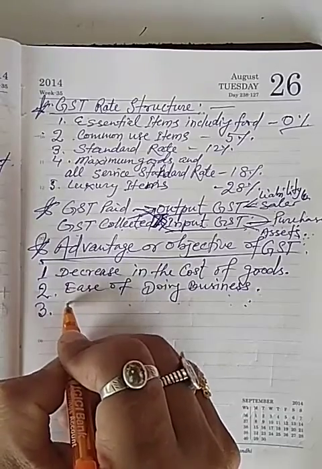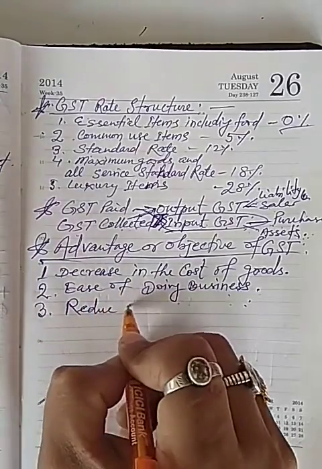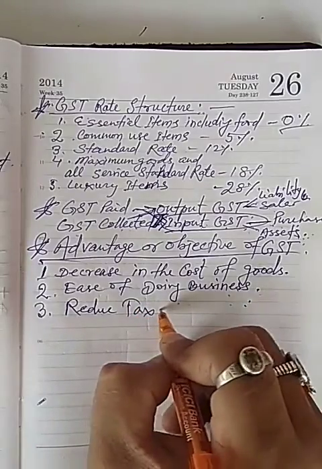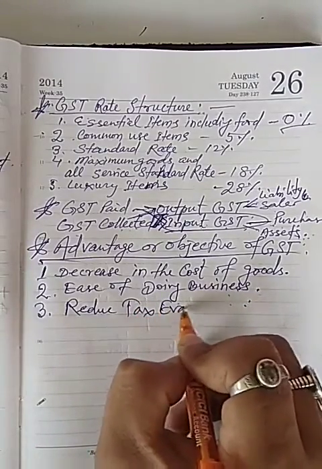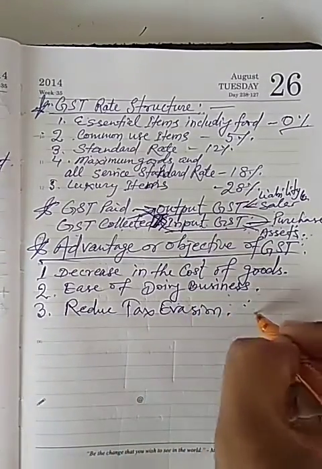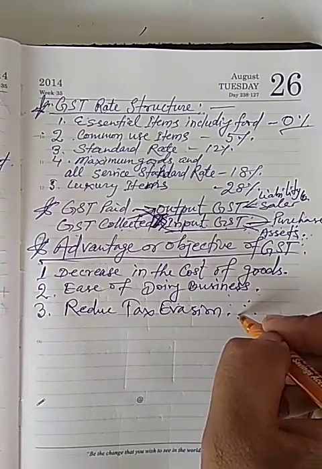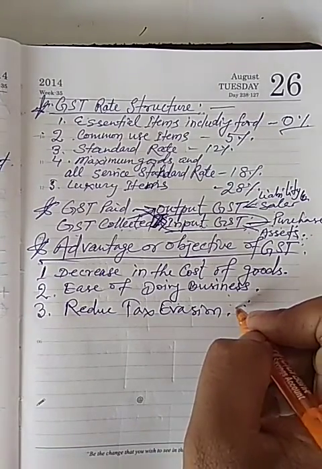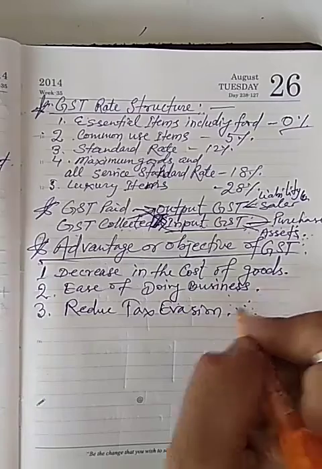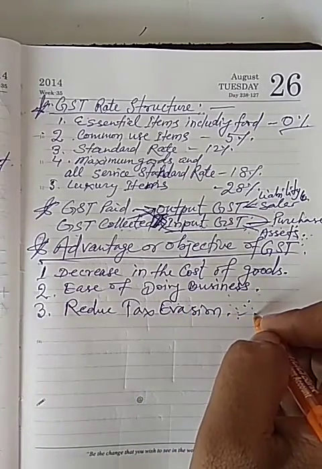Third objective may be to reduce tax evasion, meaning electronic return filing and assessment will reduce tax evasion and compliance costs.